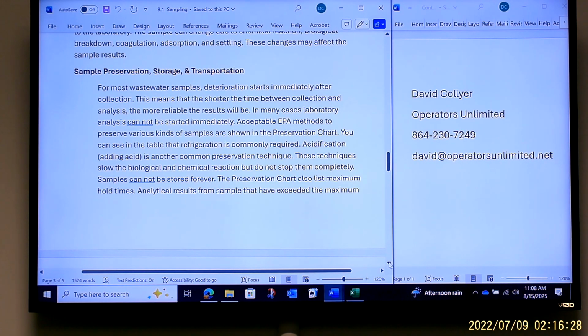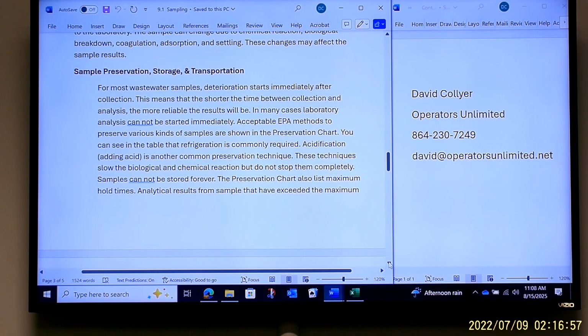In many cases, laboratory analysis cannot be started immediately. Acceptable EPA methods to preserve various kinds of samples are shown in the preservation chart. You can see in the table that refrigeration is commonly required. Acidification, meaning adding acid, is another common preservation technique.